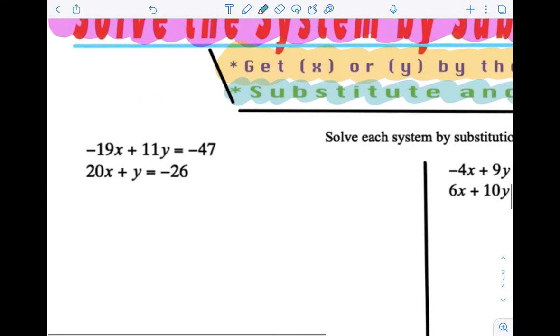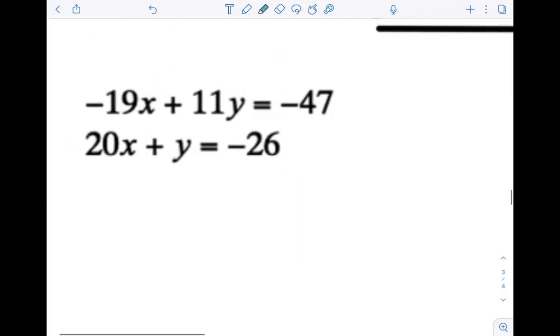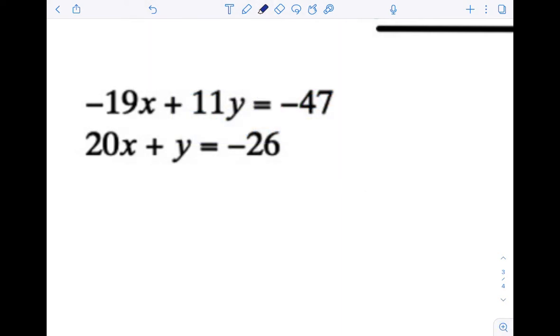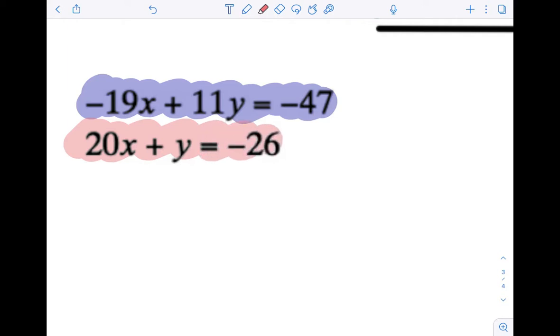So let's look at the first example in your work here. As I always do, I highlight the first equation one color and the second equation another color. In this case, we're using purple and pink.